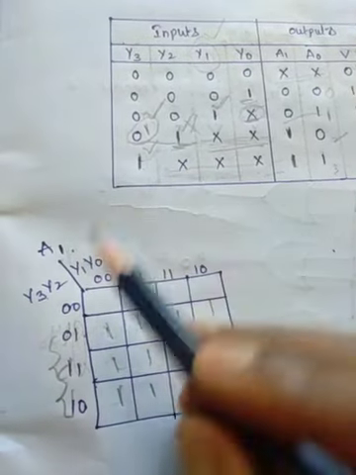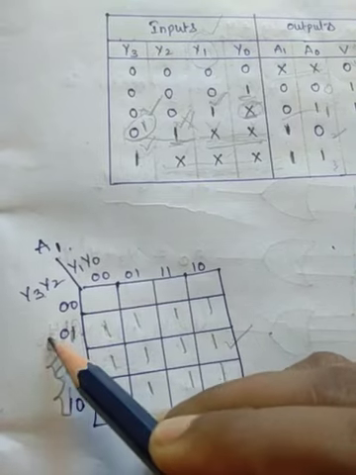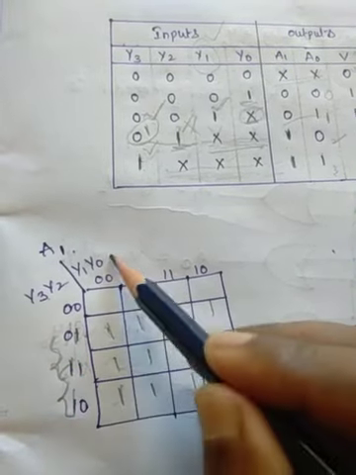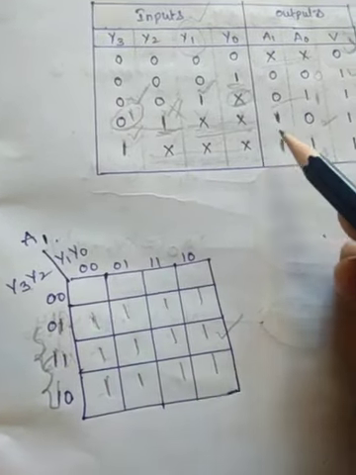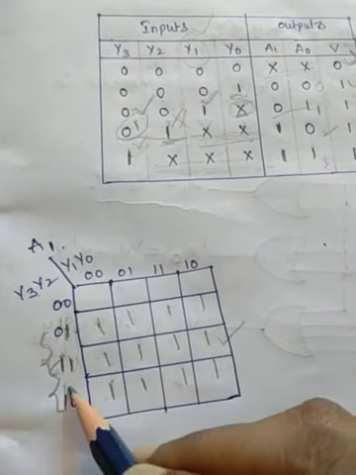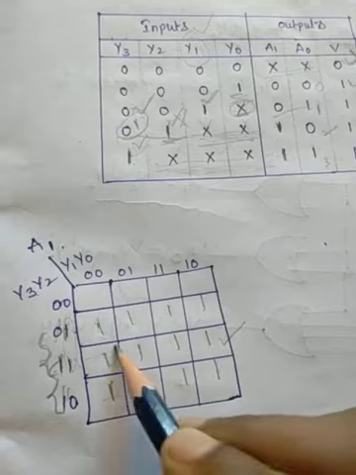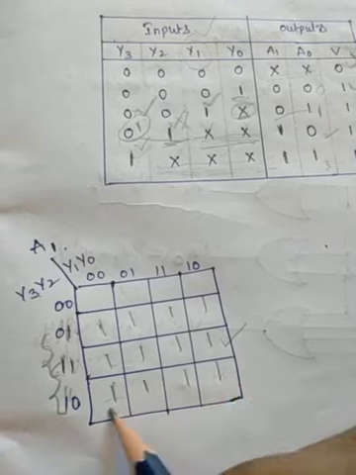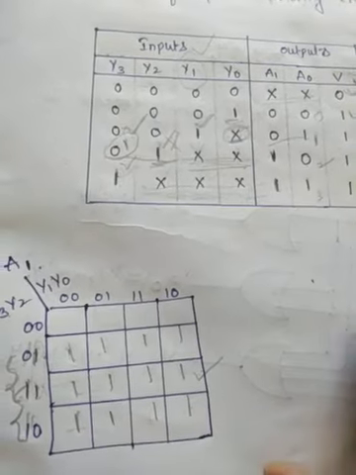We have to place ones here. In the first case y2 is high, so y2 is 1 in these two cases, and the remaining ones are don't cares. And a1 is high for y3 only, so y3 is 1 in these two rows, so we have to place ones in these two rows.